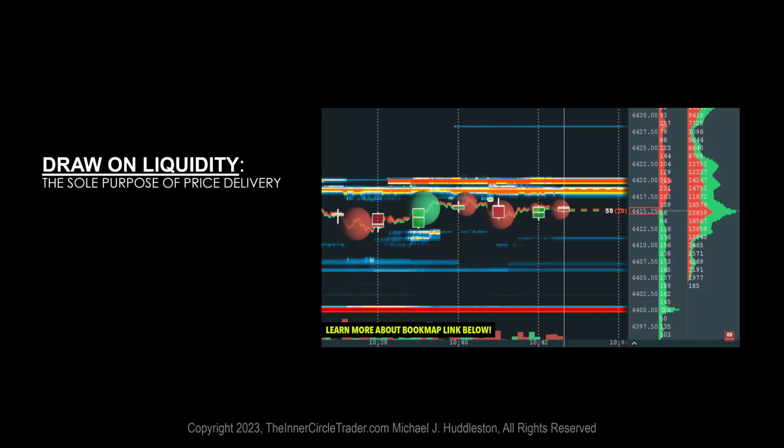Because believe me, if I would have had access to this when I first started, I would have absolutely subscribed to it, because it would have helped me learn the whole premise of liquidity faster. But the problem with a tool like this is it kind of brings more attention to levels of liquidity that are not so pertinent to right now, or to what's about to take place in terms of a narrative and price action.